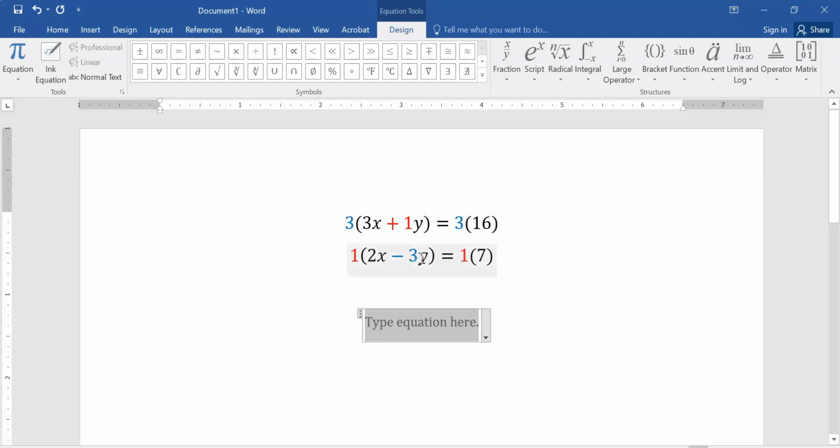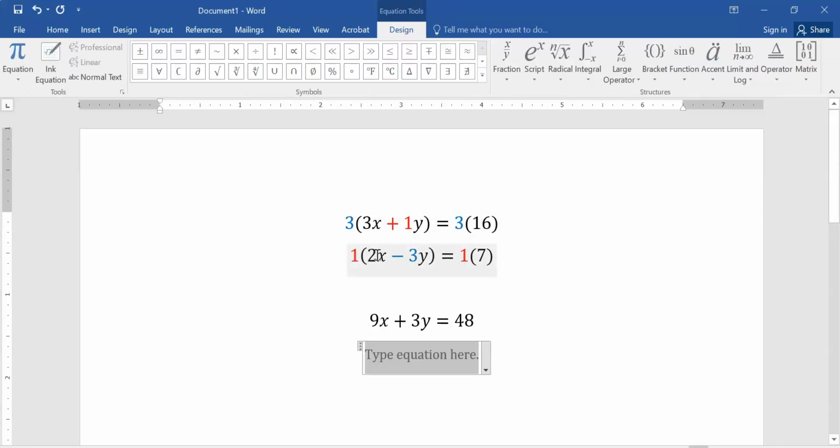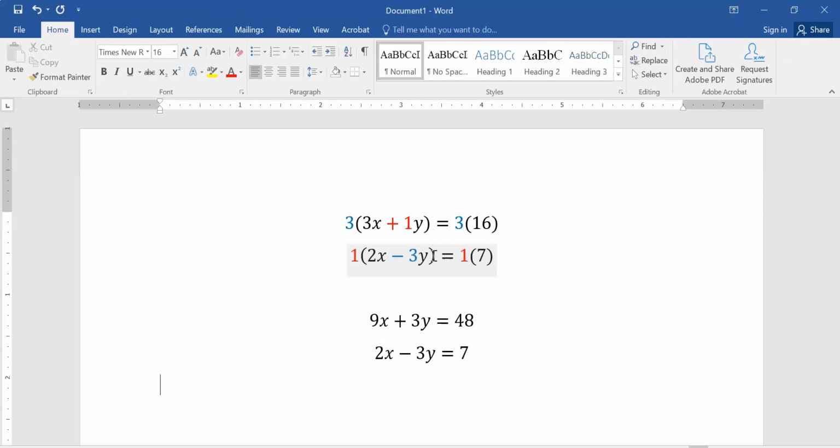So the 3 comes from here. 3 times 3x is 9x. 3 times 1y is 3y. 3 times 16 is 48. 1 times 2x is 2x. 1 times -3y is -3y. 1 times 7 is 7.